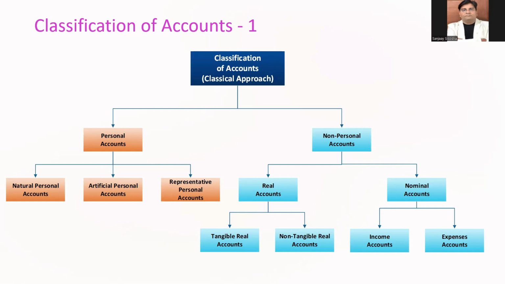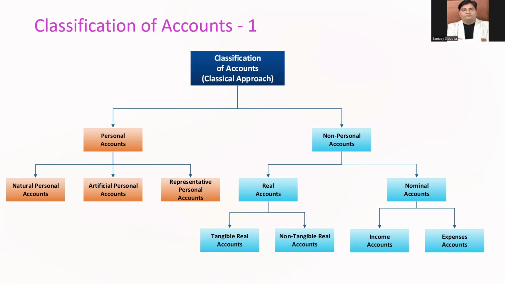These accounts can be related to a business institution, representing any institution, a company, or maybe a cooperative society, so on and so forth. For example, account for ICICI Bank, account for ABC and Company, account for Agra University, or account for Apple, so on and so forth.